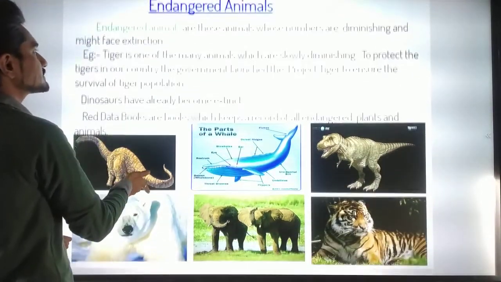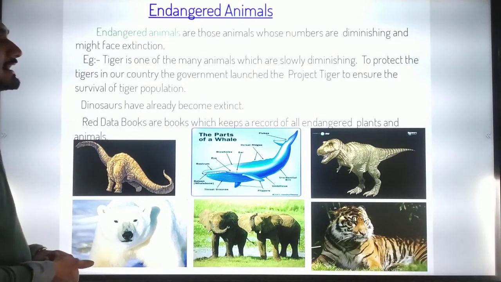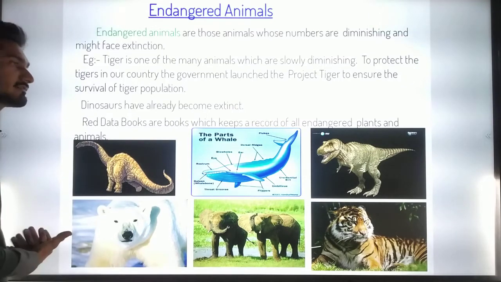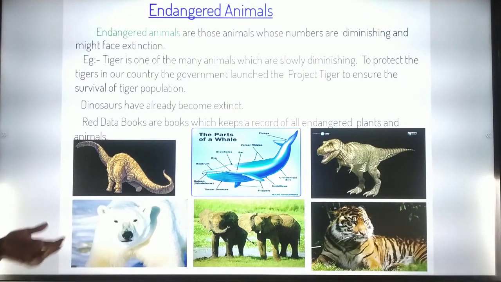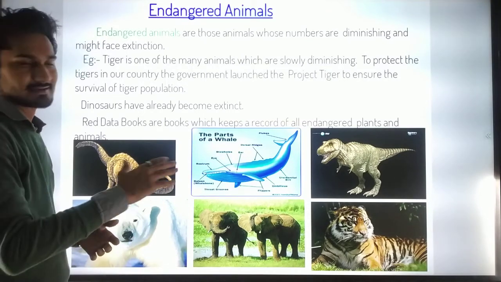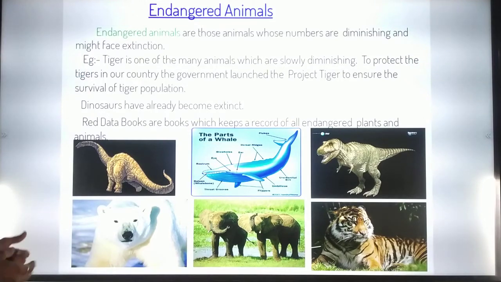Now endangered species or endangered animals are those animals whose numbers are diminishing and might face extinction. After some time they will become extinct. Tiger is one of the animals which are slowly diminishing, meaning they are becoming extinct day by day. To protect the tigers, our country has launched Project Tiger.